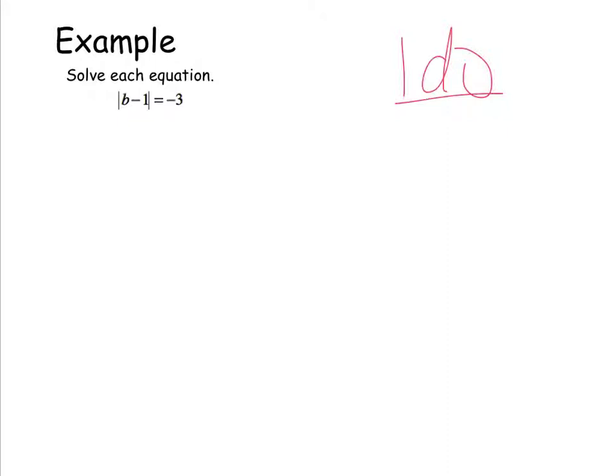So, is there anything that I can plug into b that will give me an answer of negative 3? No, there's nothing that I can take the absolute value of and get negative 3. So in this case, there is no solution. You'll like those whenever you see those.